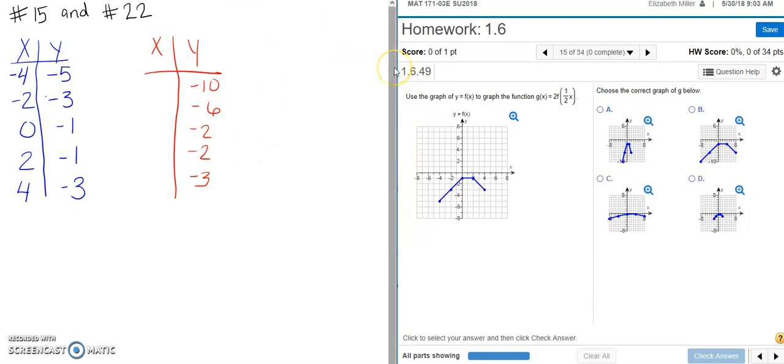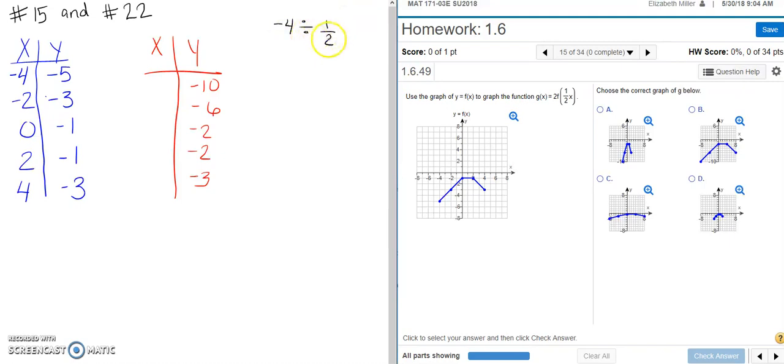For the horizontal component, we're going to divide the x values by 1/2. Well, here's the funny thing about dividing by 1/2. It's the same thing as multiplying by 2. I'll do it over here to the side real quick. If we take the first one, -4 divided by 1/2.